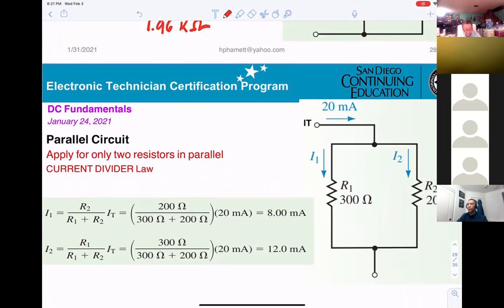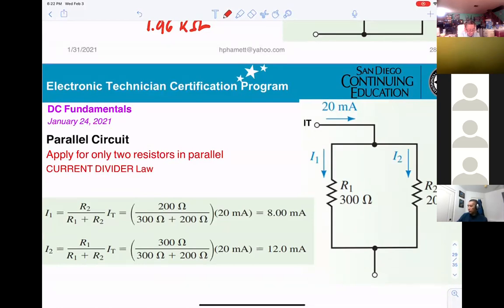Next one will be the current divider law. In a series circuit, you get the voltage divider law, because the voltage is different across each resistor in a series circuit. In a parallel circuit, the voltage will be the same. So that's why you need a current divider. To calculate with the current divider law, this is the formula.